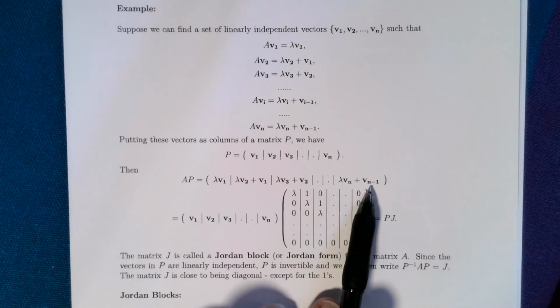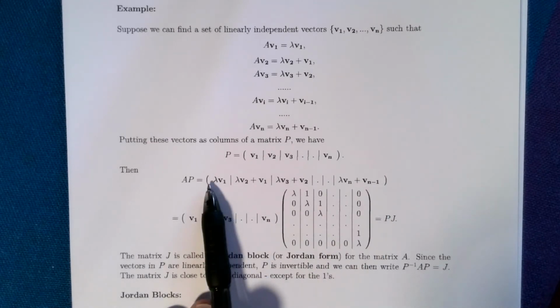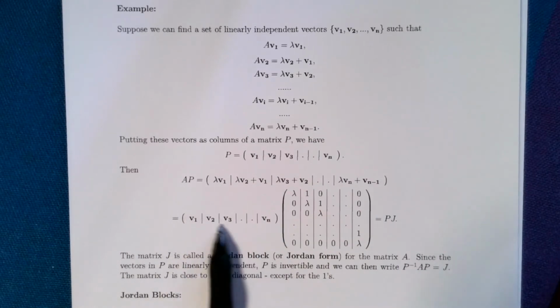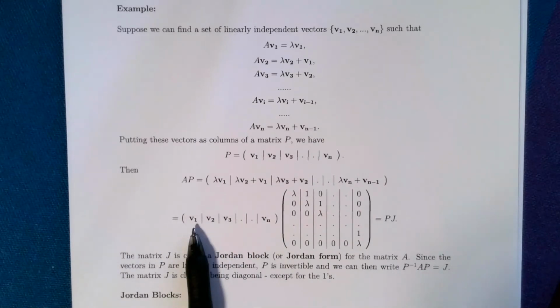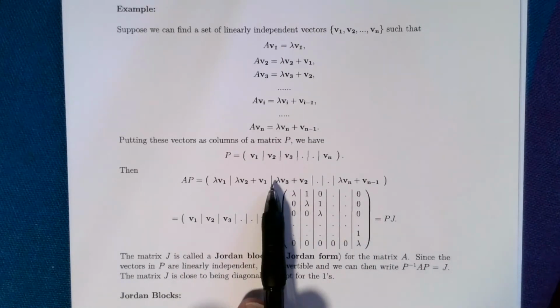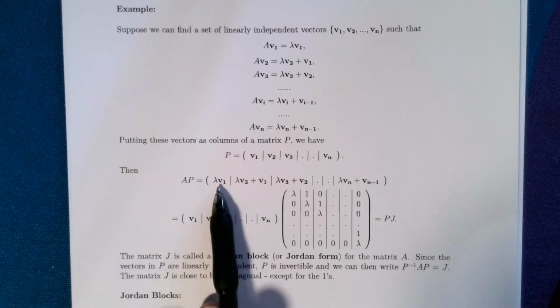And now comes the interesting bit, because now I'm going to rewrite this matrix as a product of two matrices. I'm going to write it back as my P matrix that I started with here. And now I see, well, what's got to go here to make this multiply by this to give me this? Well, I'll need a lambda times v1 to give me lambda v1.